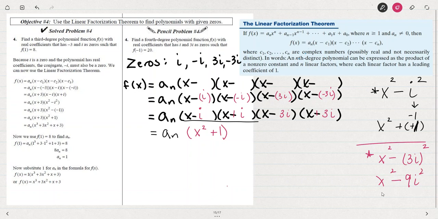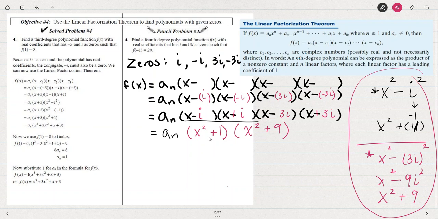The i squared is negative 1, so that's x squared minus 9 times negative 1, or x squared plus 9. If you need to, review that a little more and make sure you're comfortable with where those factors come from by multiplying each of the pairs of conjugates. All right, once we've done that, we could multiply our two factors together.